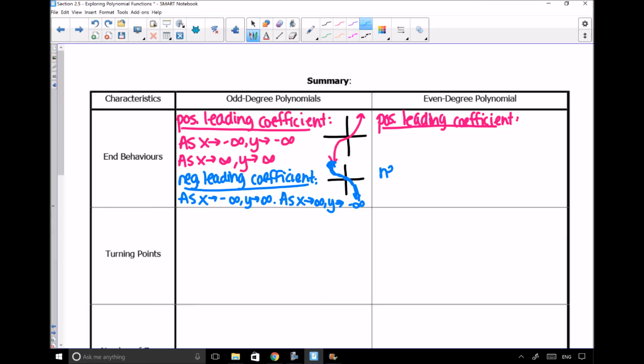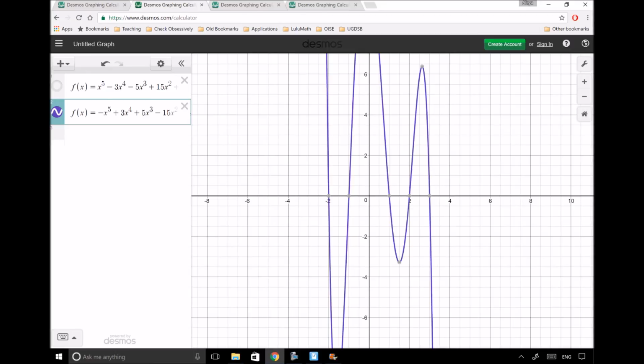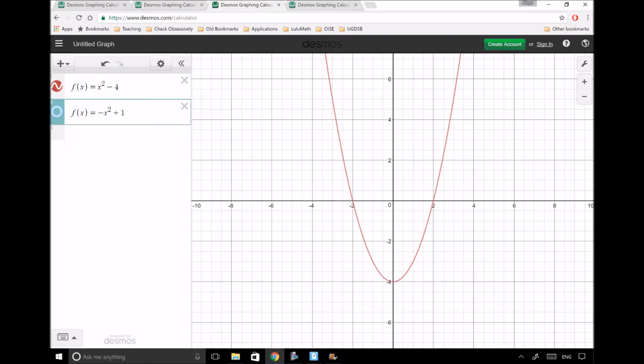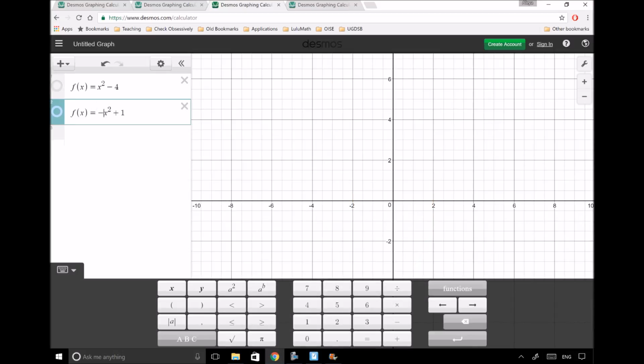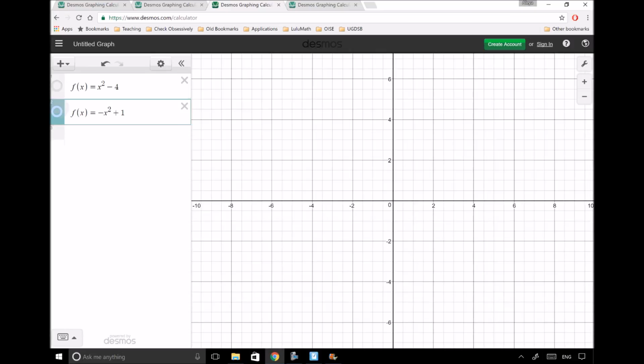And the same idea applies to really any type of polynomial function that has an even leading degree. Okay, so let's take a look at some examples. So here's just a regular parabola. It opens up because my leading coefficient is positive, right? Once my leading coefficient here is negative, it's going to open down.